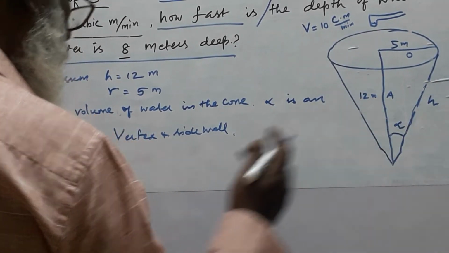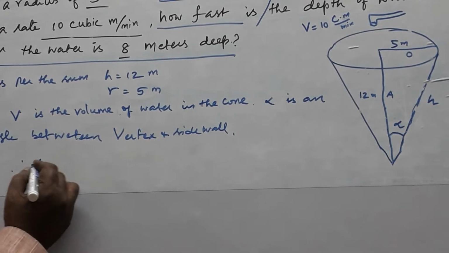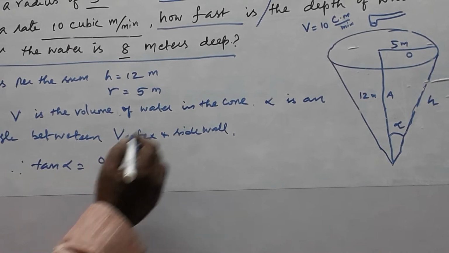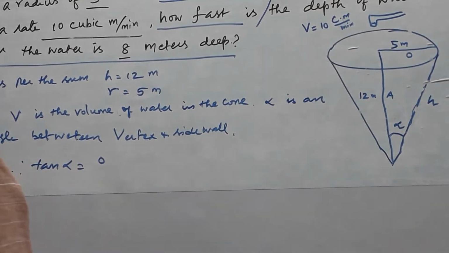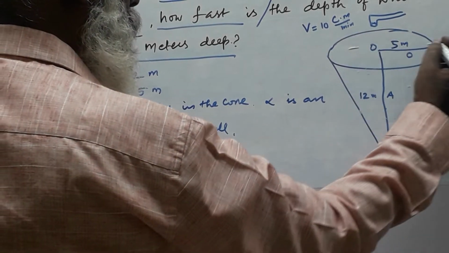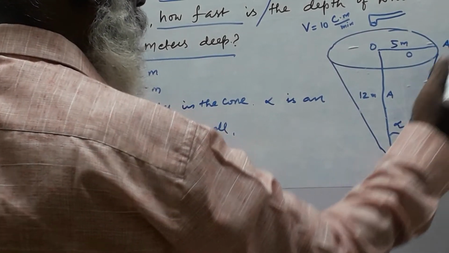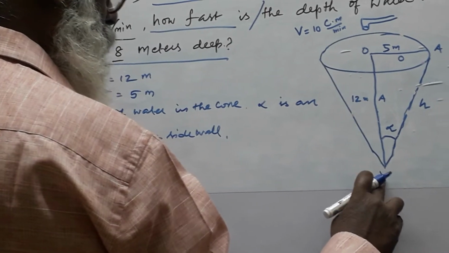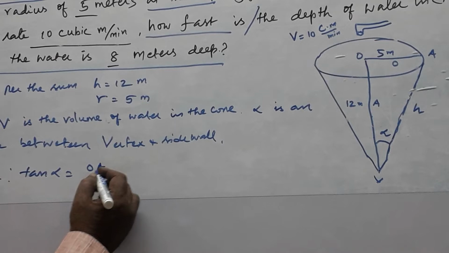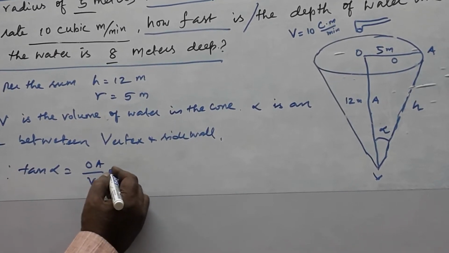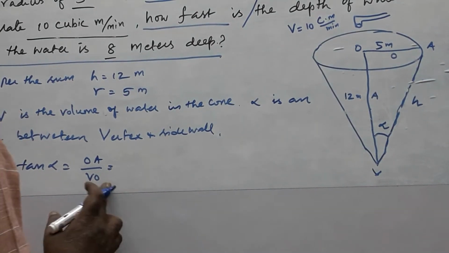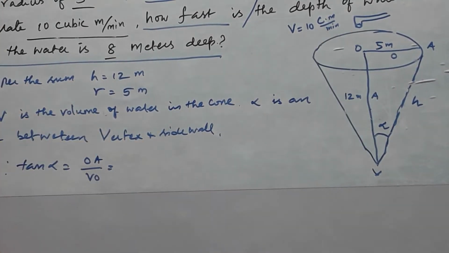Therefore, tan alpha is equal to opposite side by adjacent side. Imagine this is V, this is O and this is A. Then we can write OA by VO. O means radius, VO means vertex height.